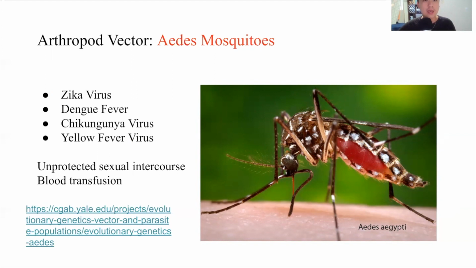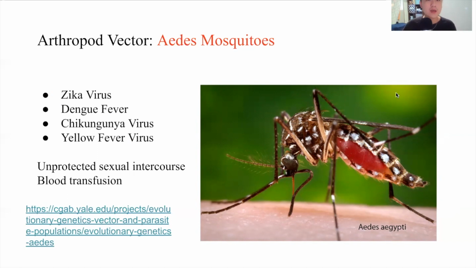You can also get Zika virus from unprotected sexual intercourse. If you're having unsafe sex with a partner that has been infected with Zika virus, then you are potentially at risk for being infected also. Also blood transfusion, right?